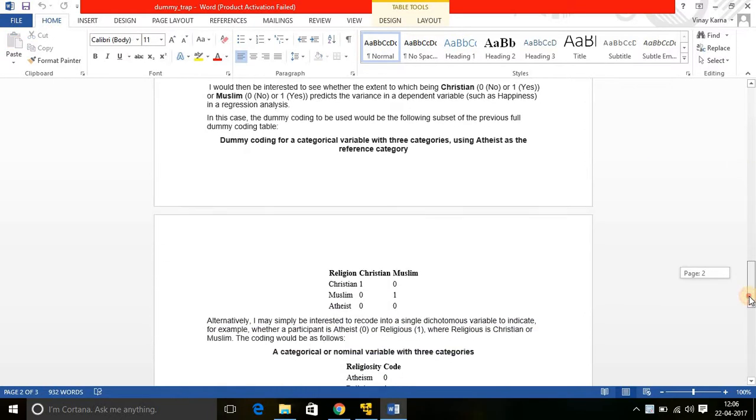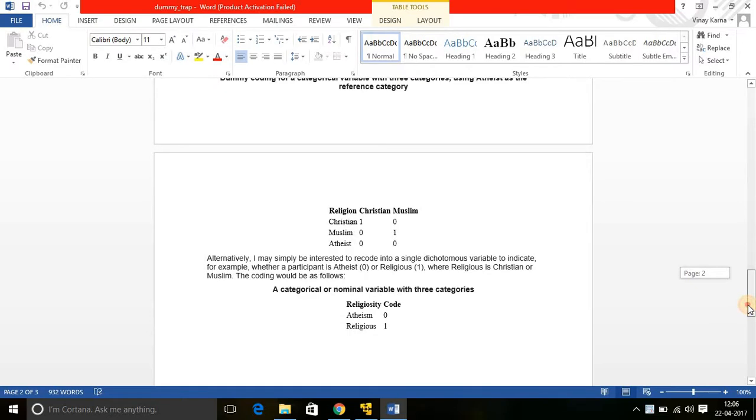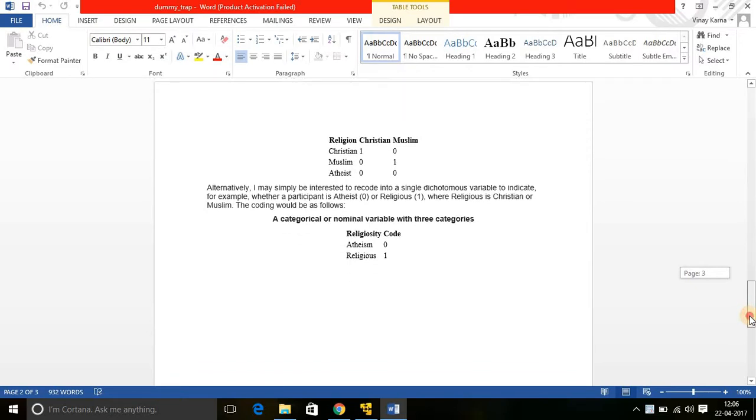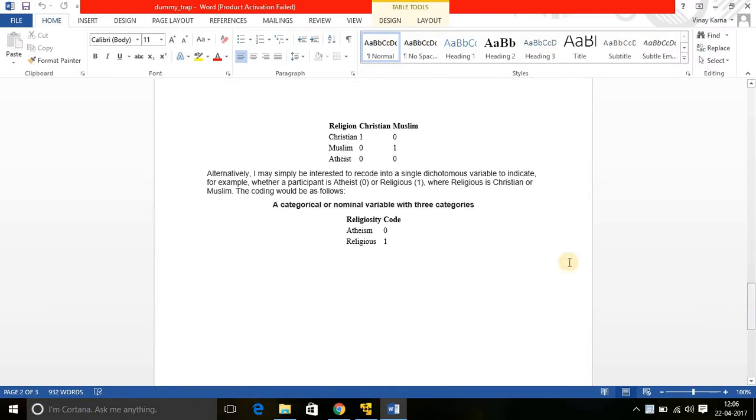This is called collinearity. The third variable can be very easily described by the absence of these two. So why do we need to add an extra dummy variable? That will just waste our time and lead us to unnecessary results. So that was about dummy variables.